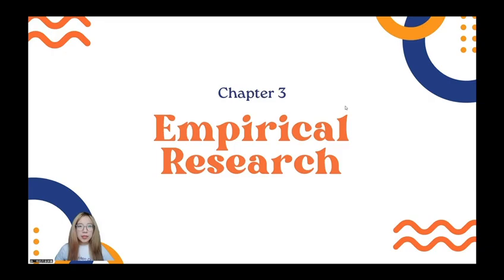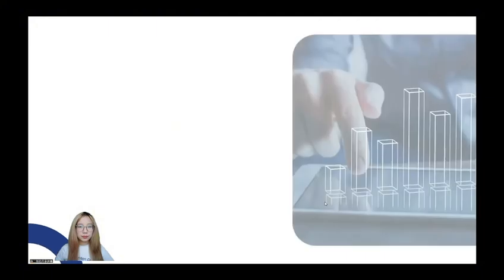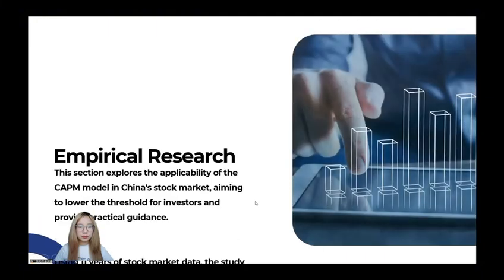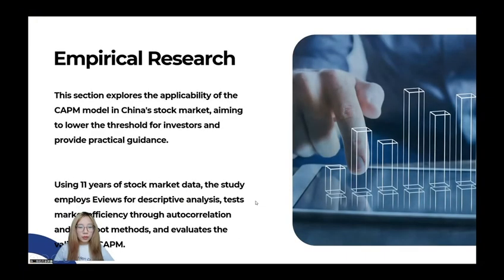My name is Chenwenjie. Let's begin with Chapter 3, Empirical Research. This section focuses on the empirical application of the CAPM model in China's stock market. By analyzing 11 years of data, we aim to evaluate market efficiency and provide practical guidance for investors, using tools like descriptive analysis, autocorrelation tests, and unit root tests.